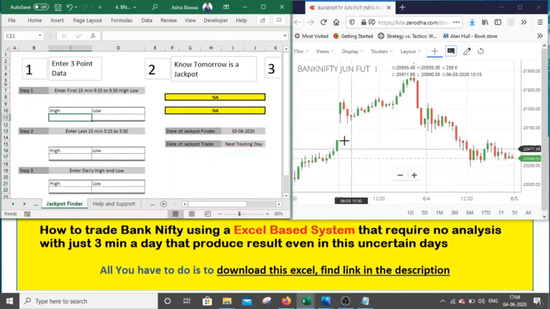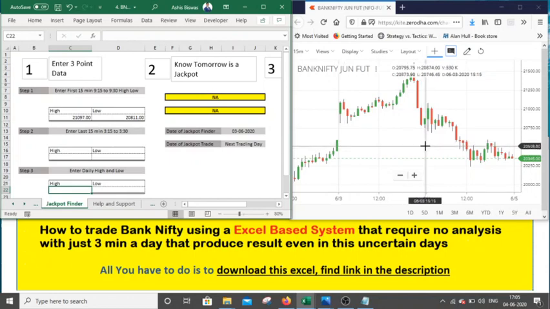Now I have to enter the first 15-minute candle high low of yesterday. What was the first 15-minute candle high low yesterday? It was 21097, and the low was 202811.